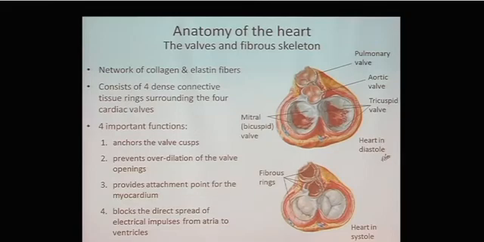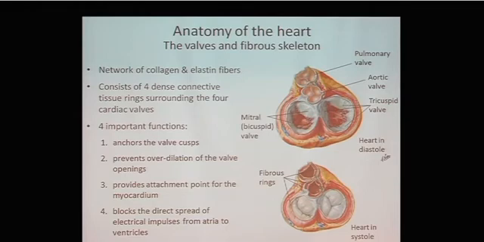So when the ventricles are relaxed, there's no blood pumping out through them, so they're closed. Okay? When the ventricles are relaxed, they're filling up with blood before contraction. So these are going to be open because the blood is moving from the atria into the ventricles. So these are going to have to be open.